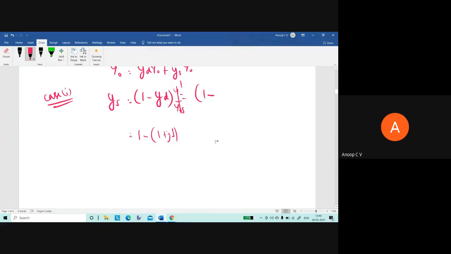So that is 1 minus 1 plus J1, so it will be equal to minus J1. YS is equal to minus J1, which implies 0 minus J1. Next, I have to mark YS on the Smith chart.